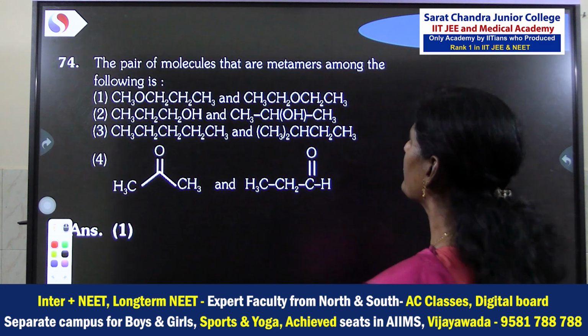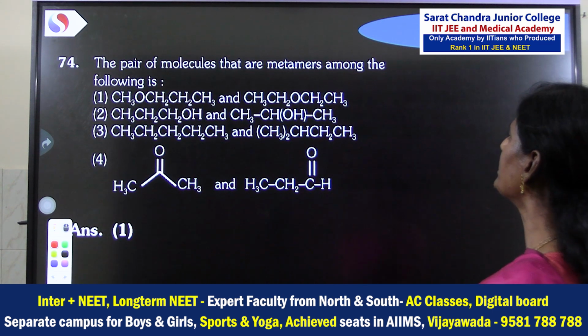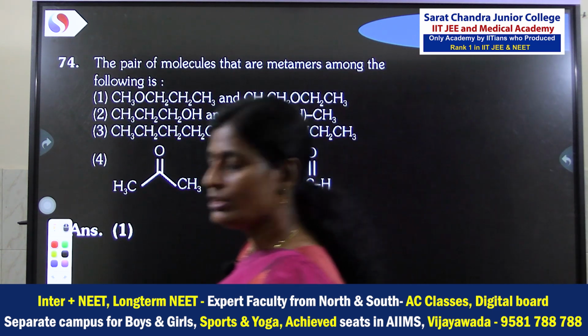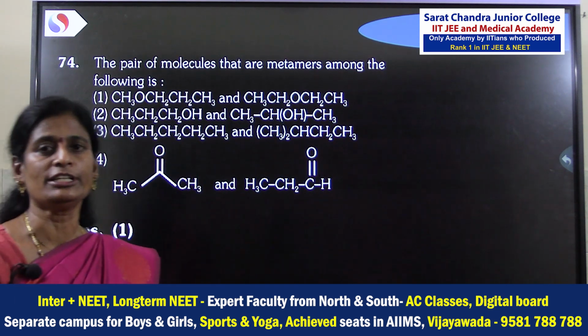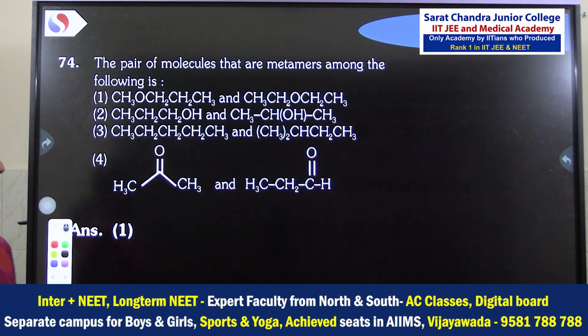Next, 74. The pair of molecules that are metamers among the following is. So which compounds exhibit metamerism? Generally metamerism is observed in organic molecules which contain bivalent functional groups.